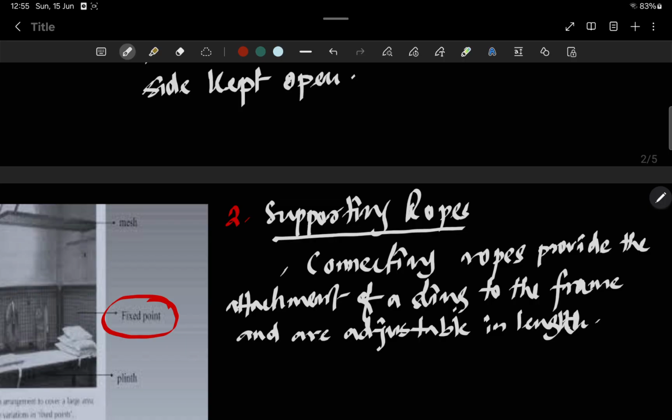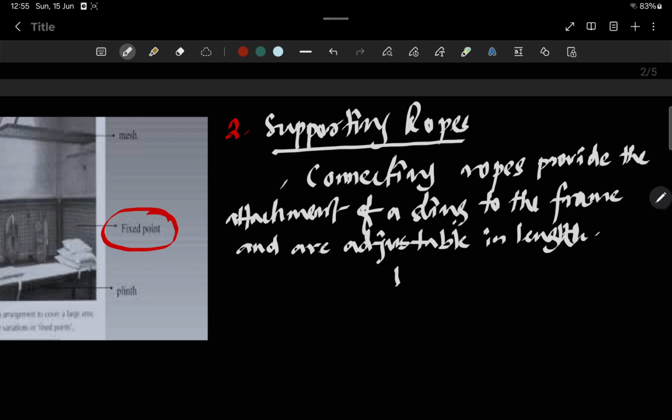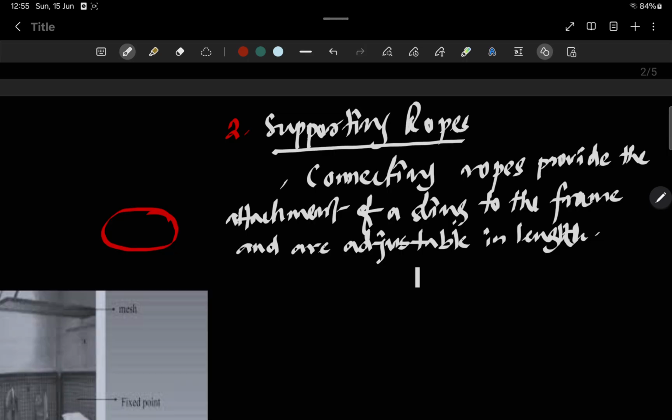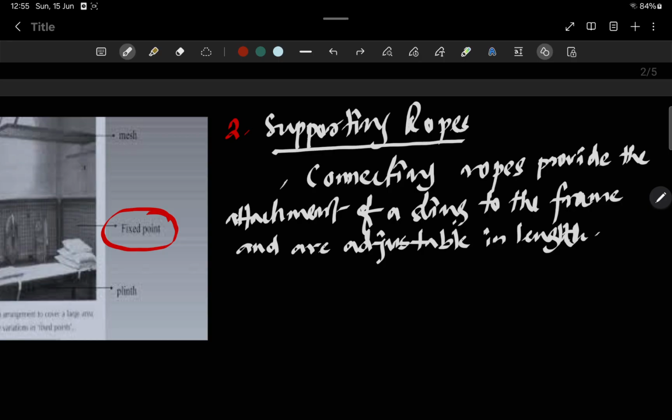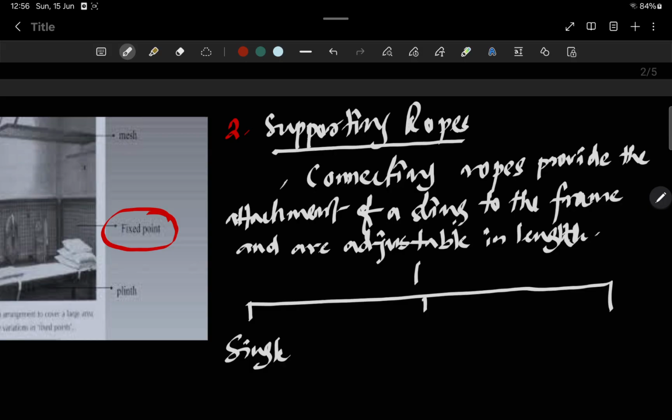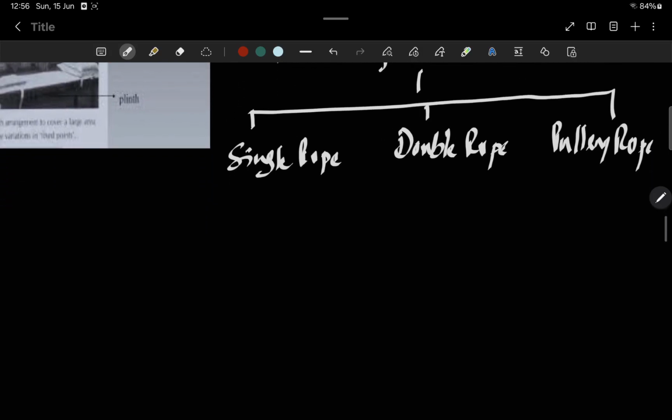Okay. There are 3 types of supporting rope: single rope, double rope, and pulley rope.